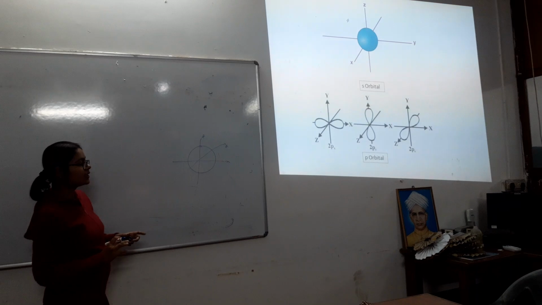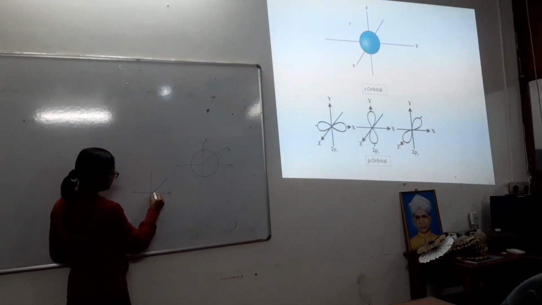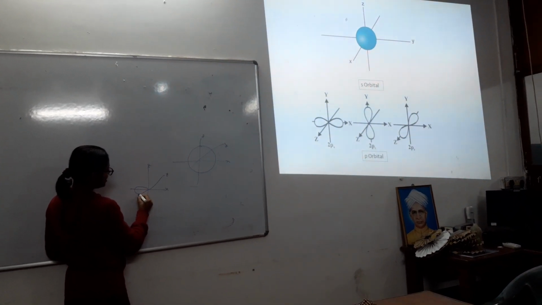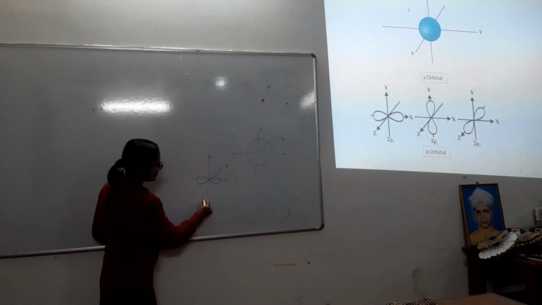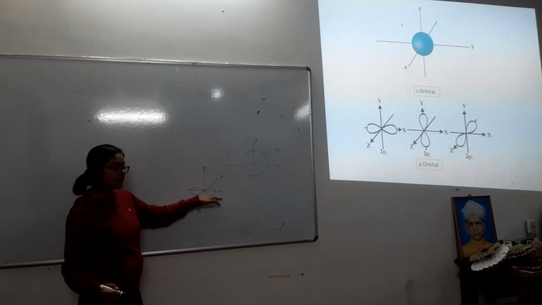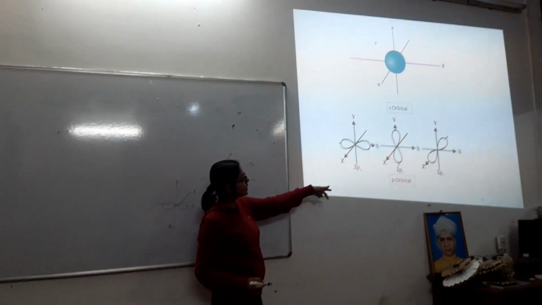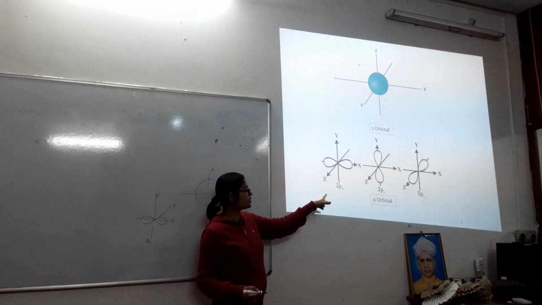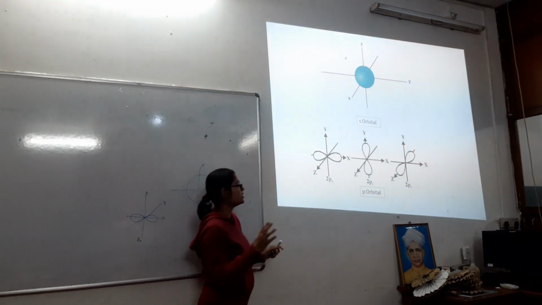Then the p orbital is along the X axis, so it is called the px orbital because it is along the X axis. And we can see the py orbital is along the Y axis and the pz orbital is along the Z axis. So the name is according to their alignment.